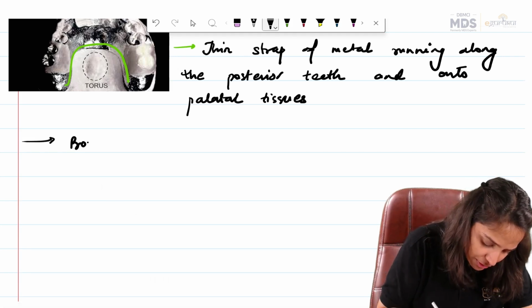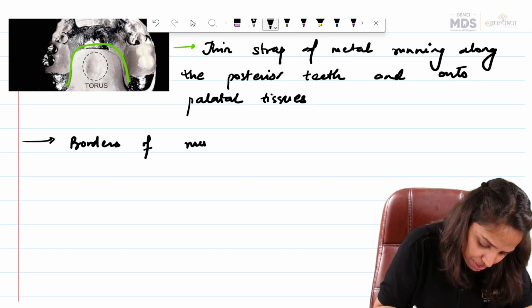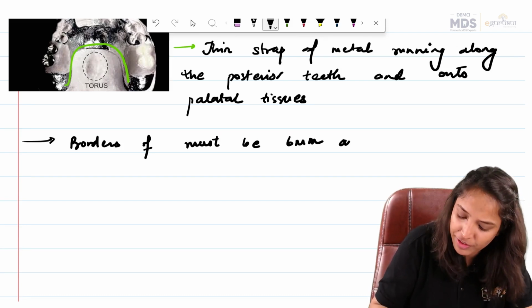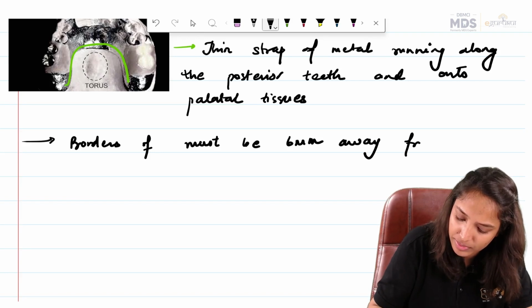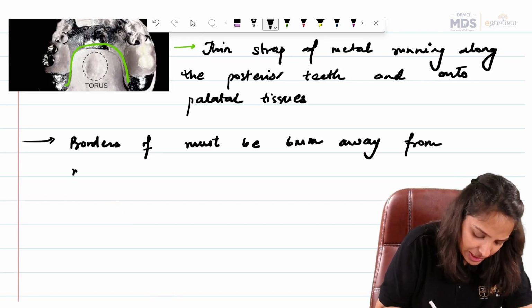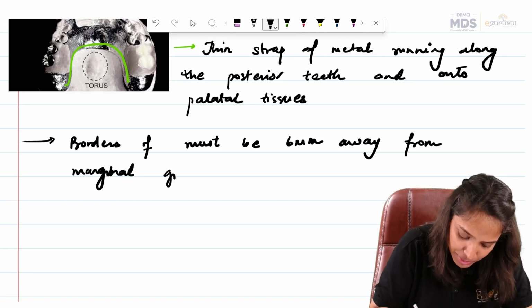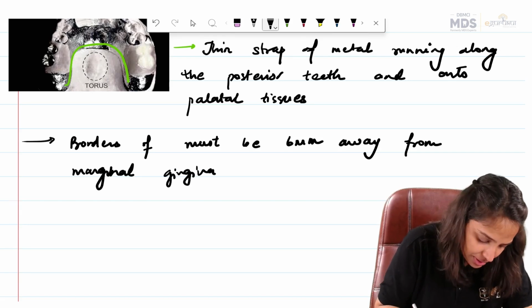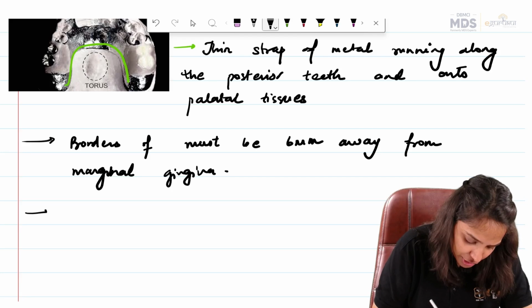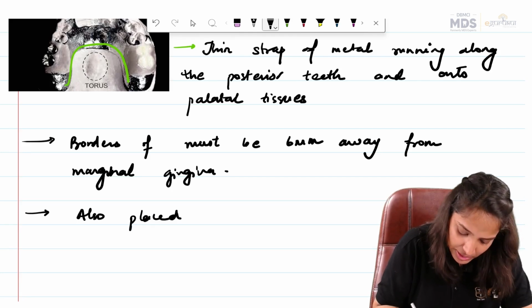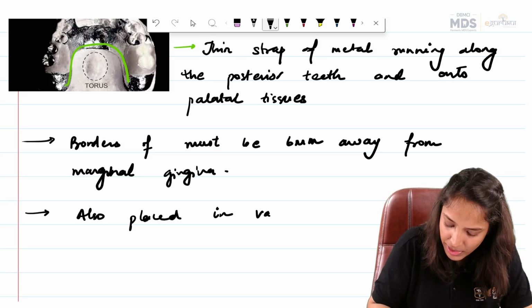The borders of the horseshoe connector must be 6 mm away from the marginal gingiva. This is specifically mentioned because it is a key design principle for a U-shaped connector. Borders should also be placed in the valleys of the rugae.